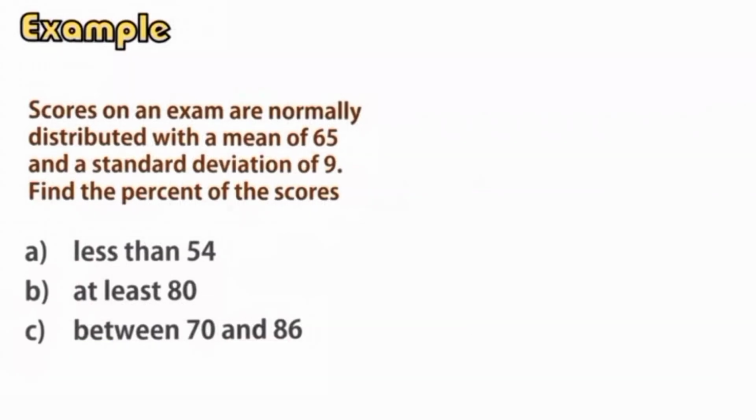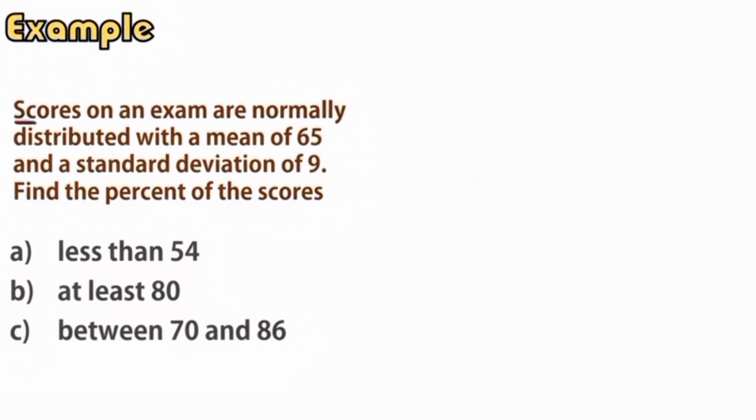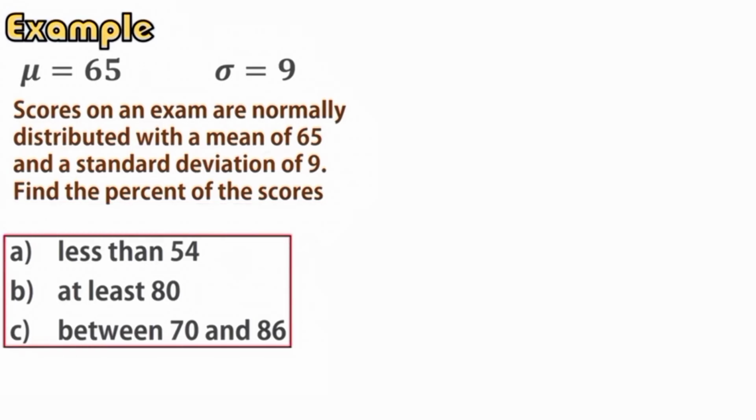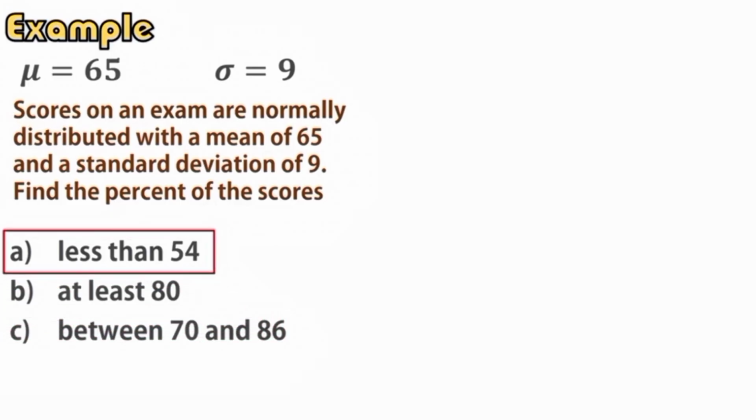So we have an example here. Scores in an exam are normally distributed with a mean of 65 and a standard deviation of 9. Find the percents of the scores that are A, less than 54, B, at least 80, and C, between 70 and 86. So let us start with letter A, less than 54.